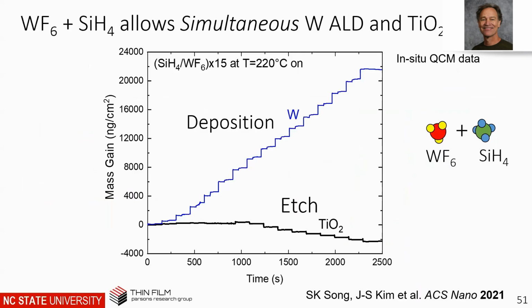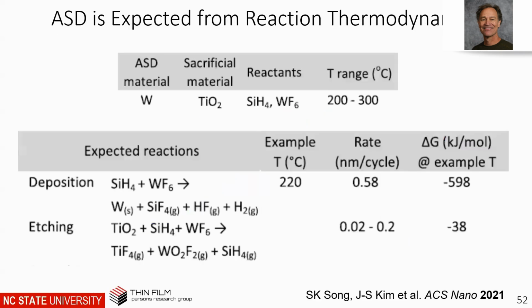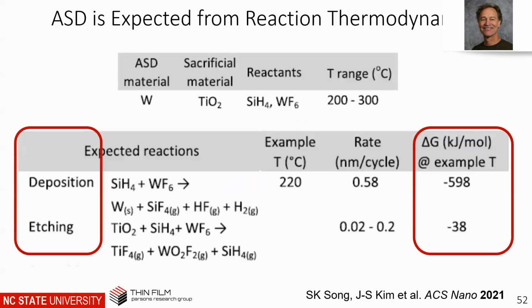This is the same two reactants, two different reactions: an etch reaction on one surface, deposition on another. Here is the thermodynamic data. This shows that this is energetically favorable for deposition and etching. And these are the details. This is published in ACS Nano.